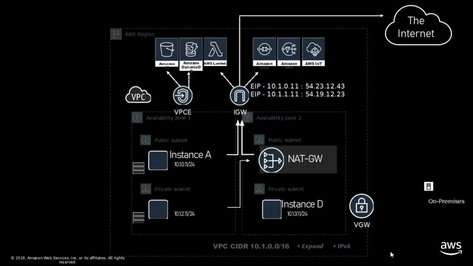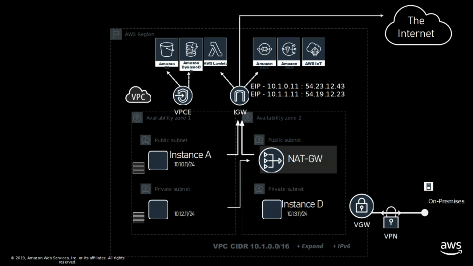To connect our on-premise data center or network, we will be using a virtual gateway. Here in the example, we will be doing a site-to-site VPN, connecting your on-premise network to AWS using VPN.